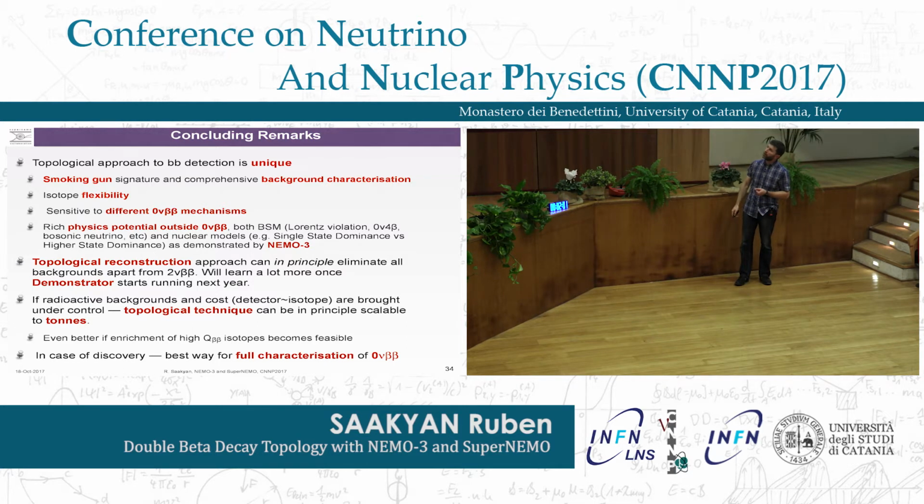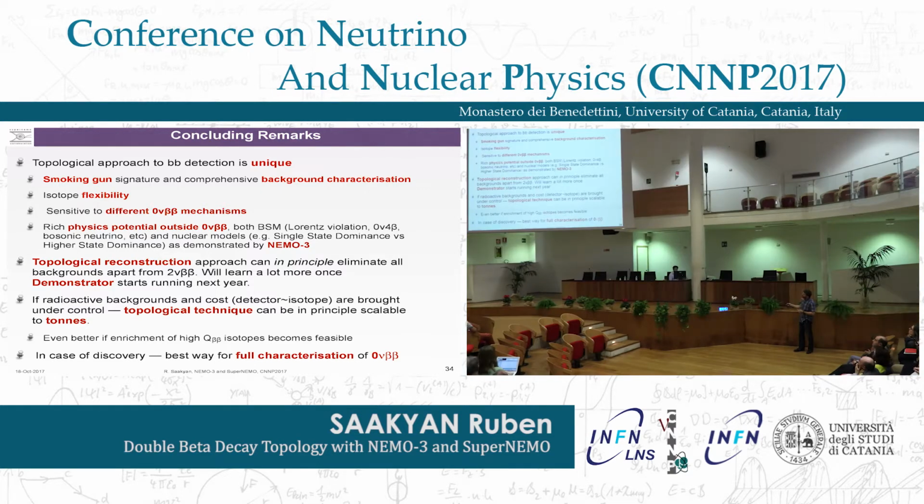So what we're trying to achieve here, and here the demonstrator data will be very important, is to prove that the topological reconstruction of double beta decay can, in principle, eliminate all the backgrounds apart from the 2-neutrino double beta decay tail, right?